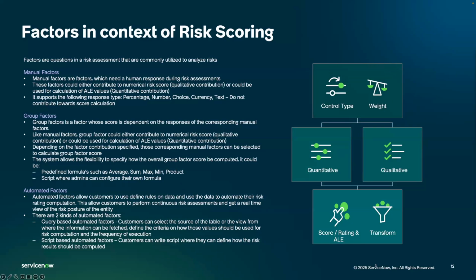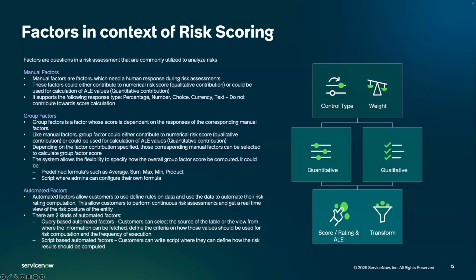On the right side, we see how factors feed scoring. Looking at the diagram on the right, factors are determined by control type, carry weights for relative importance, can be quantitative or qualitative in contribution, ultimately produce scores, ratings, and ALE values, and get transformed through your rating criteria.